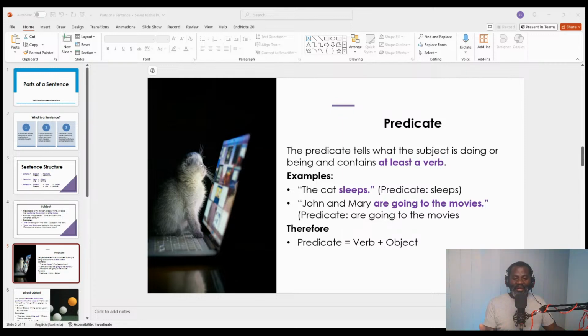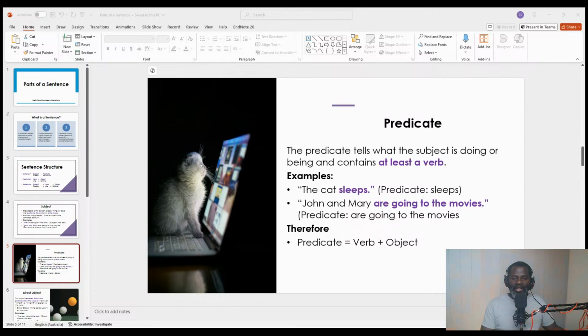So a predicate tells us what the teacher did. So under the predicate, we've got a verb, which is gave. We've got the indirect object, which is students, and the direct object, which is homework, the thing that is being given. I hope this illustrates how these parts so far work together.